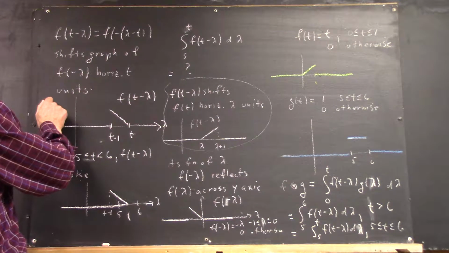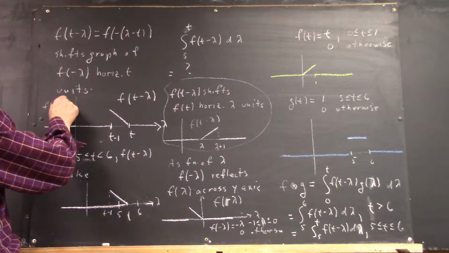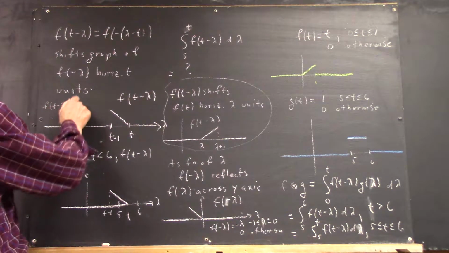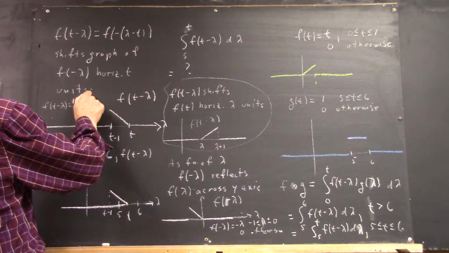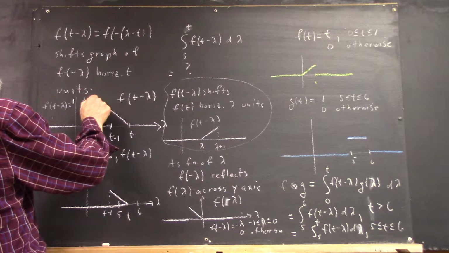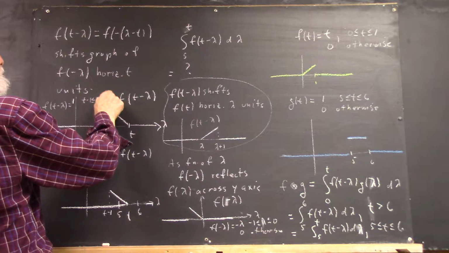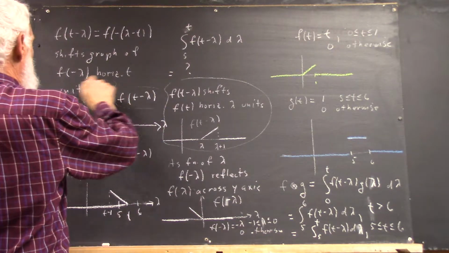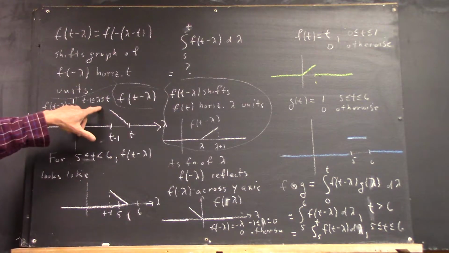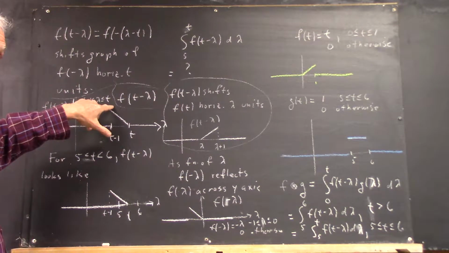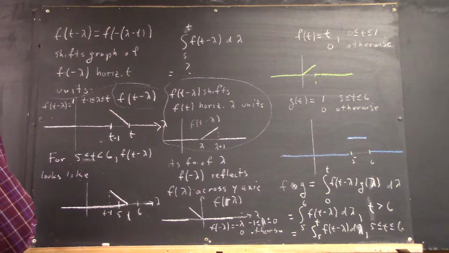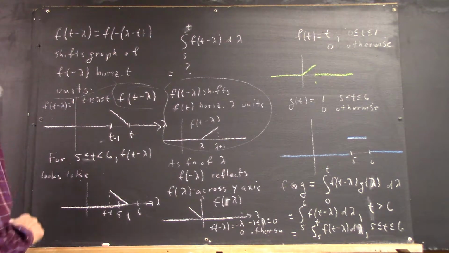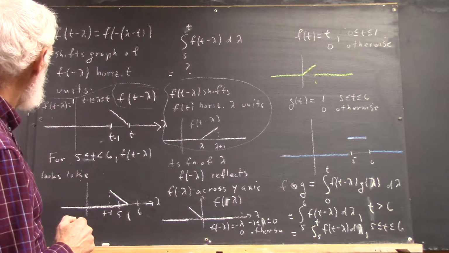So this equals 1 for, lambda between t minus 1 and t, and it's not 1, I didn't leave myself enough room to write what I should have.